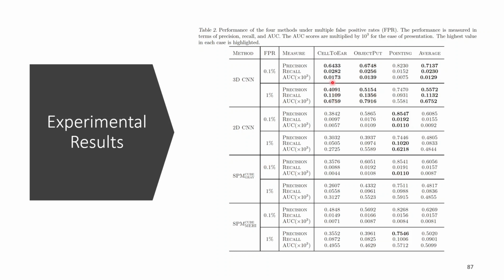Here you can see for the 3 actions, their result performs very well for the cell to ear and object put actions, but didn't perform as well as the 2D convolutional network on the other. However, their average scores are best. Therefore, they show the value of their 3D convolutional networks.